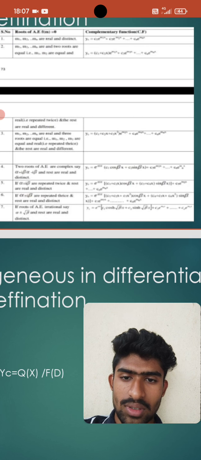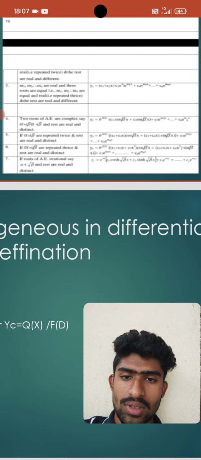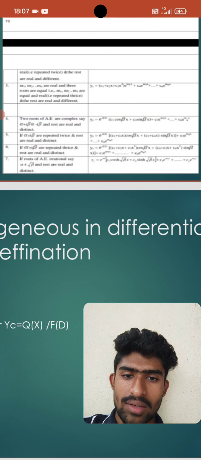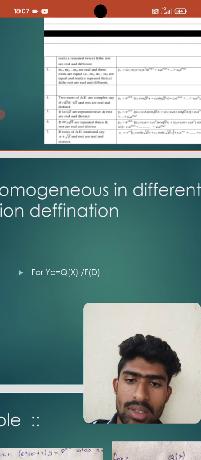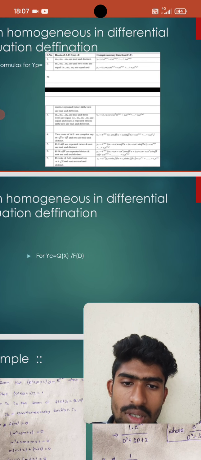This is the formula for yc. If the roots are complex repeated, then yc equals e power ax of (c1 plus c2 x) cos beta x and so on.